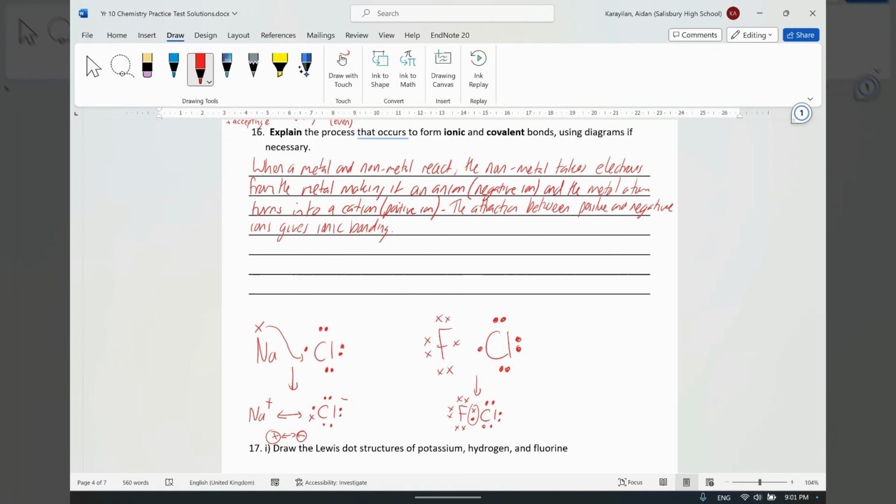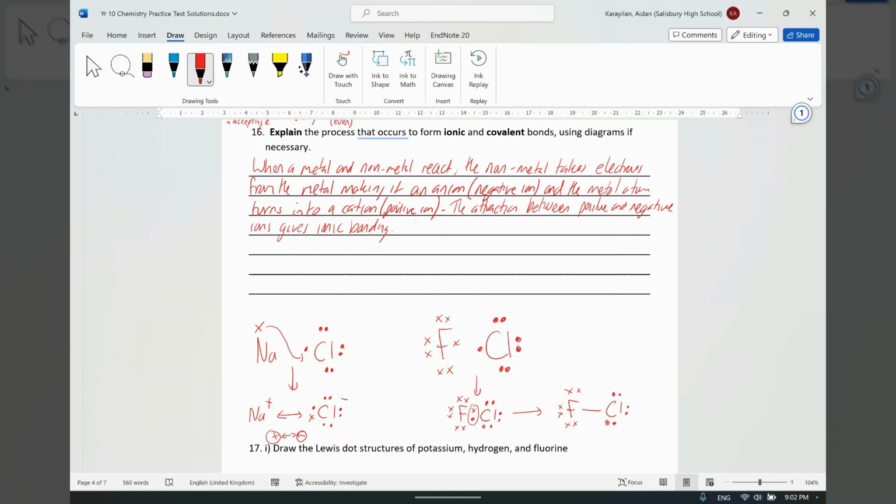This here is the covalent bond, and if we wanted to, we could rewrite this and replace the electrons that I've circled with a line and have our extra electrons just floating around just like that. So the difference here is that they're both nonmetals and they're sharing their electrons instead of one taking them, the other one receiving them.